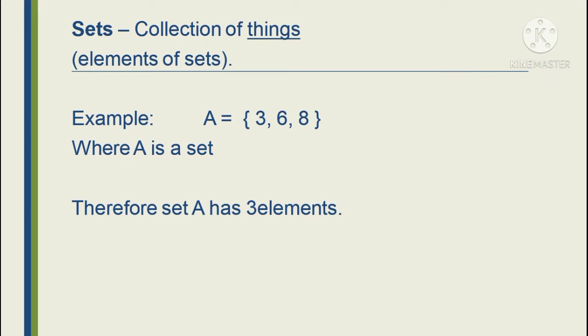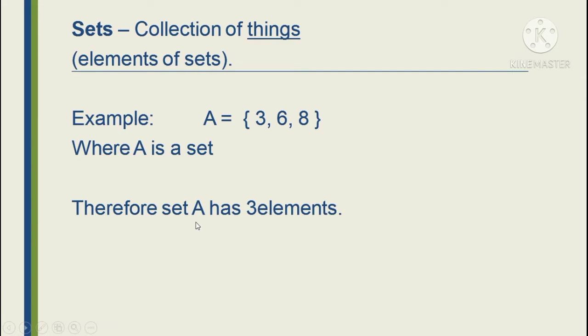So first, let us know what is sets. Sets is a collection of things. So, yung things na yun, class, is the elements of sets. Yung tinatawag natin na things dito sa collection of things, ito yung elements of sets. So, example, A is equal to {3, 6, 8}. So, dito, A is a set.